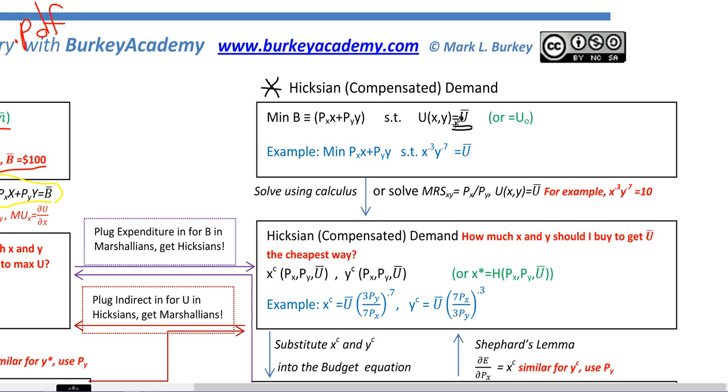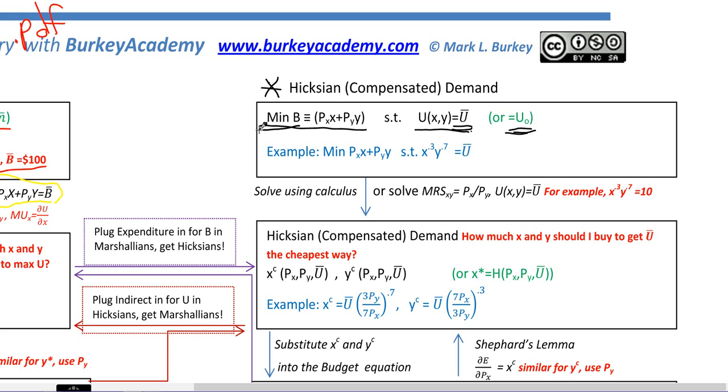Whenever you want to talk about something being fixed at some level, people will put a bar on u, guaranteeing that I get this amount of utility, u bar, maybe it's 100 utils or 10 utils. Sometimes instead of a bar, people will use u naught to talk about a fixed level of utility. We want to give somebody that amount of utility in the cheapest way.